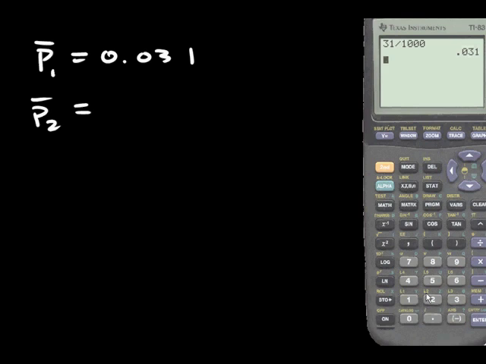Sample proportion 1, 31 divided by 1,000 is 0.031. Sample proportion 2 gives us 22 divided by 1,200. Now, we're going to approximate this to the thousandths. So this will be 0.018.